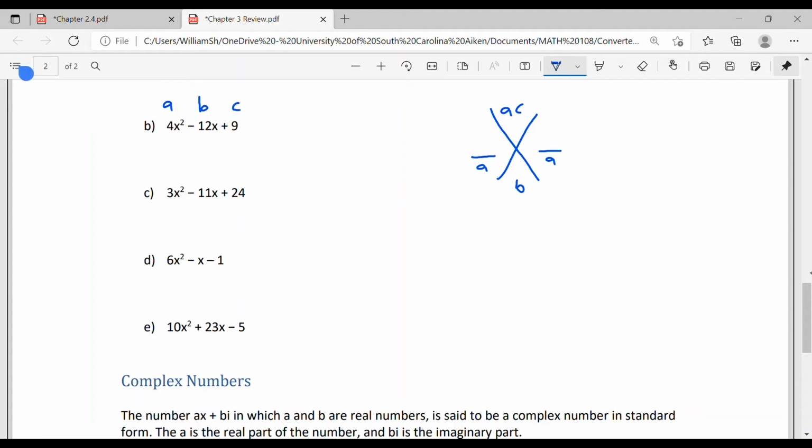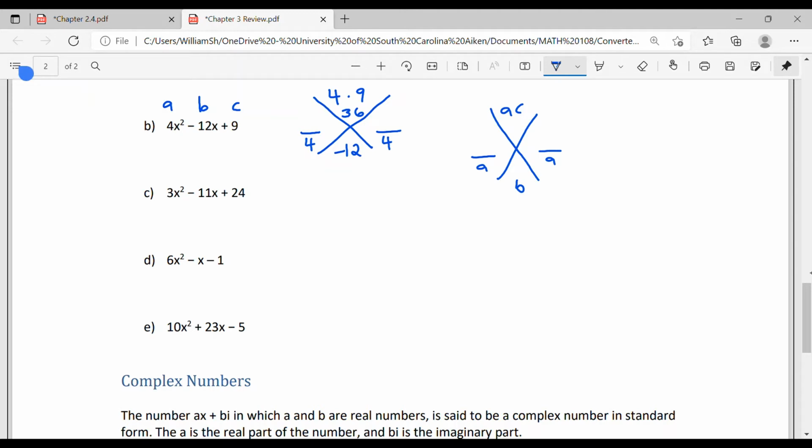Alright? So when I lay this out as an X method, I'm going to do 4 times 9, which is 36. And then I'm going to do negative 12 right here. You do need to keep the signs on these. Now, you can go ahead and put this over A here. A is a 4.